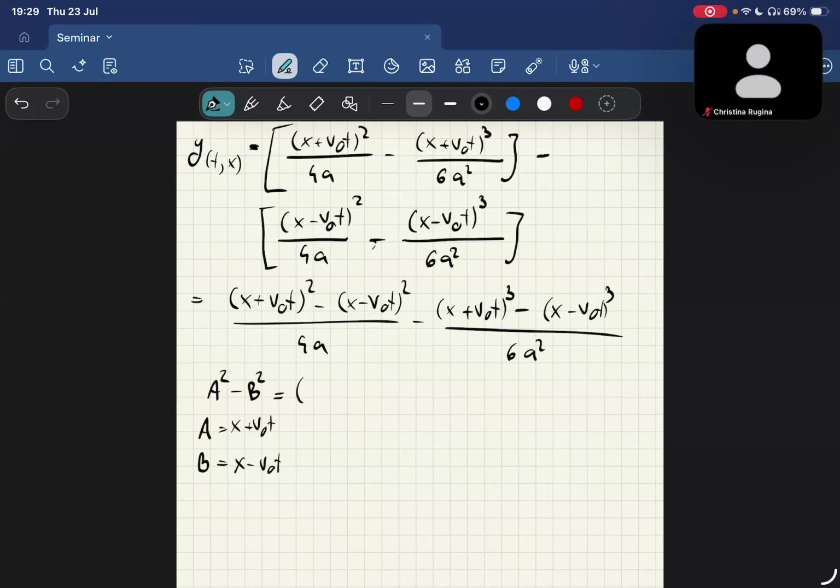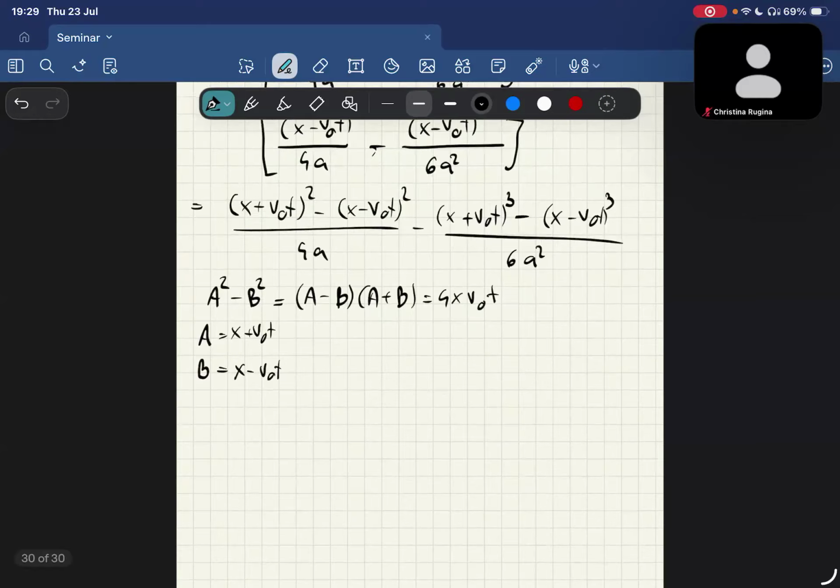We get a minus b and a plus b, and of course, we get 4x v0t. But also a to the third power minus b cubed is equal to a minus b times a squared plus ab plus b squared, which I will not go into all the calculations, it's just replacing everything there.